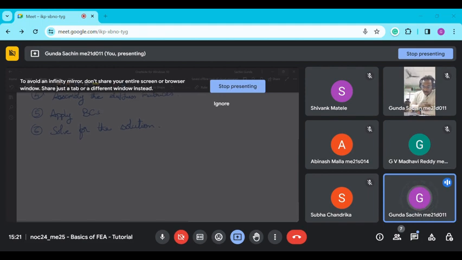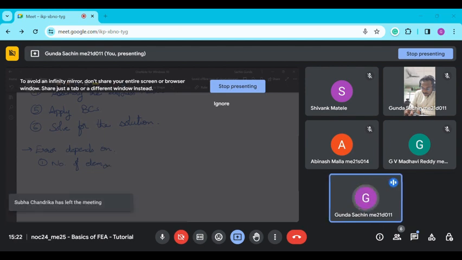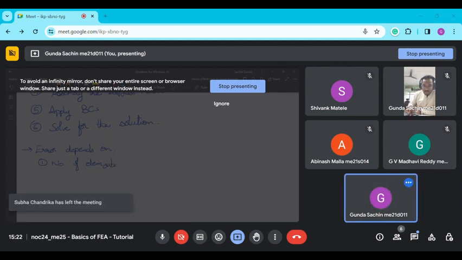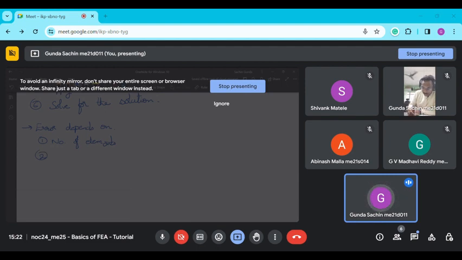The error depends on the number of elements you have chosen. As you increase the number of elements, the error decreases. It also depends on the order and choice of interpolation functions.